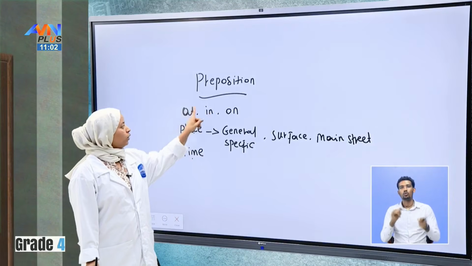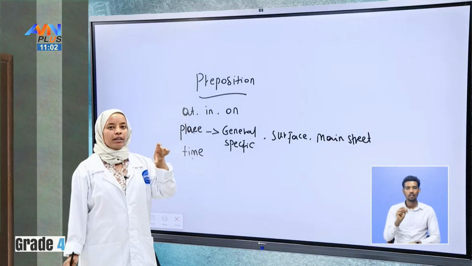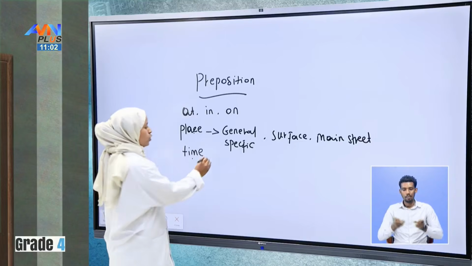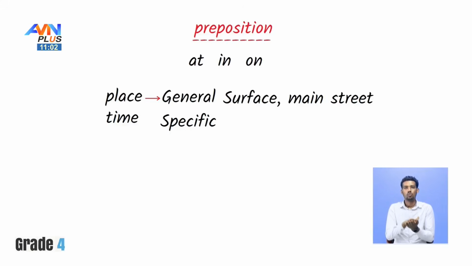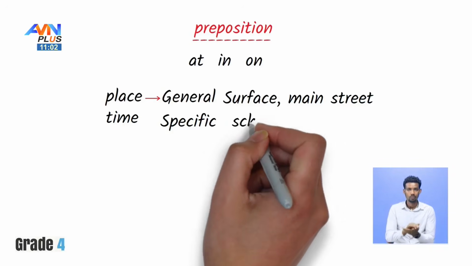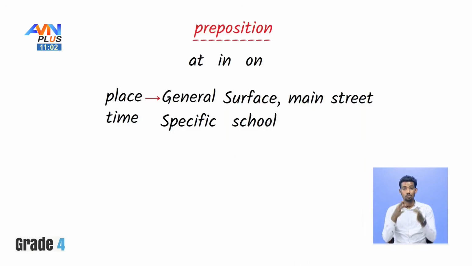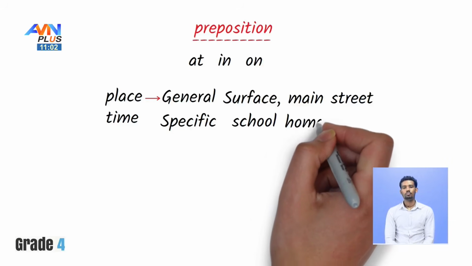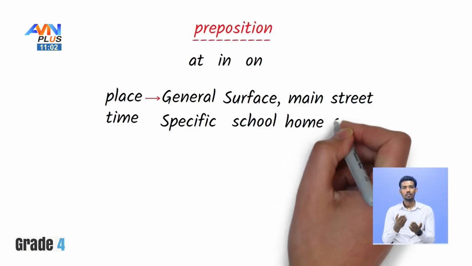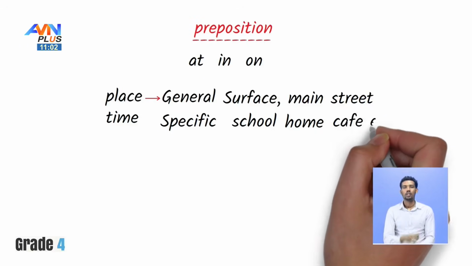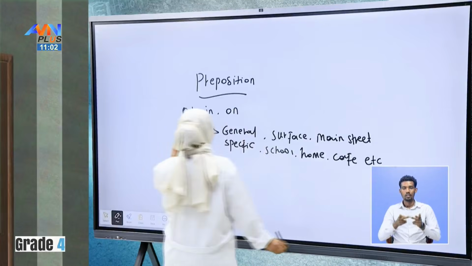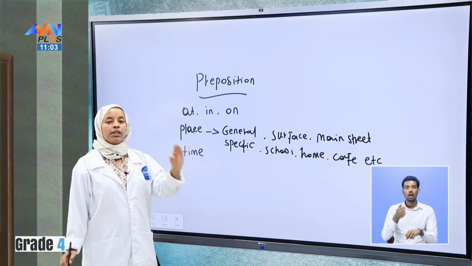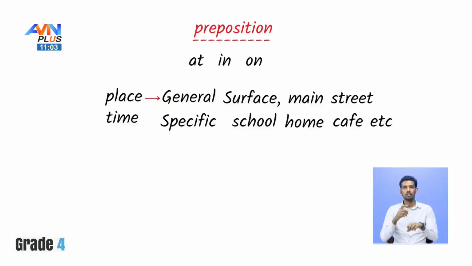When we come to at, specifically, like telling you the specific time and the place, like your school, and specifically your home, maybe cafeteria, cafe, and etc. And also, when we come to time, we use at as a very specific time, like lunchtime.